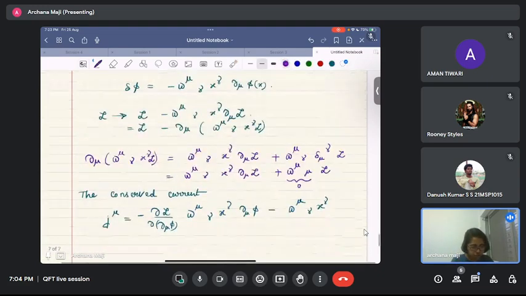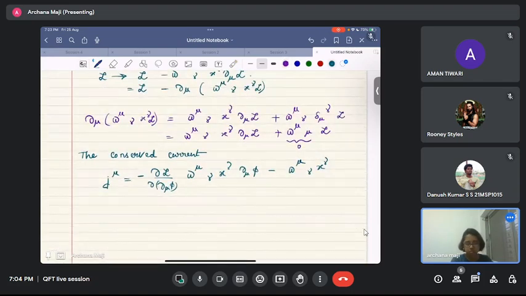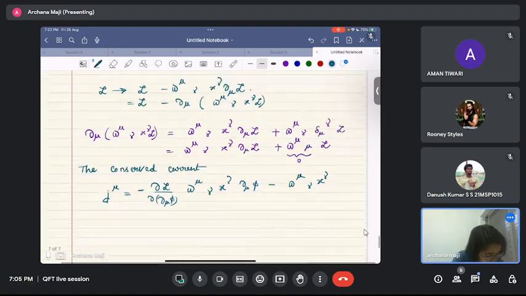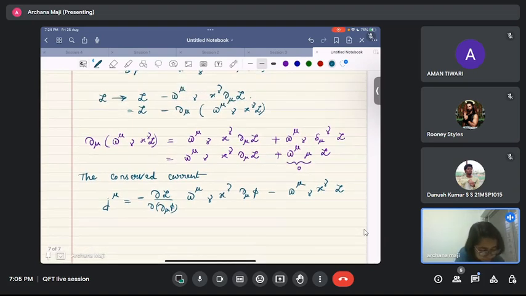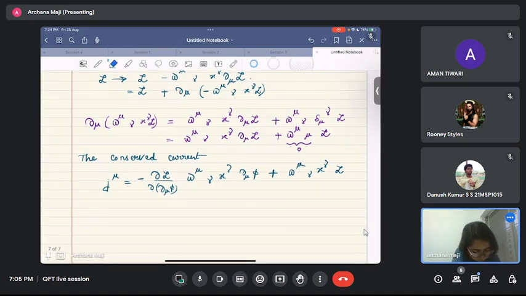So that means there are conserved currents and corresponding conserved charges. The conserved current we know is given by this formula which we derived earlier, and right now I'm just using that. There used to be a minus sign in between, but you see delta L is having a minus here, so that's why this will be plus in between.